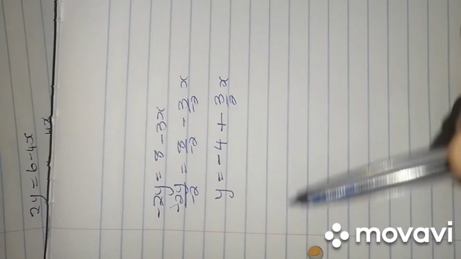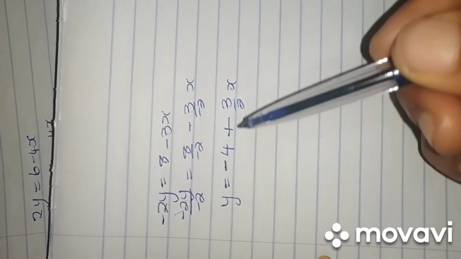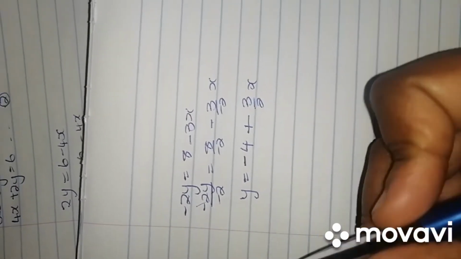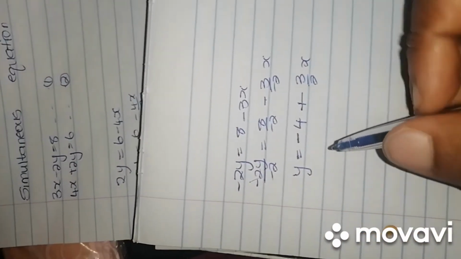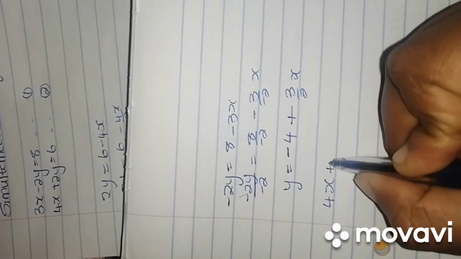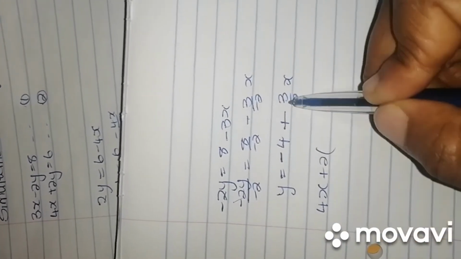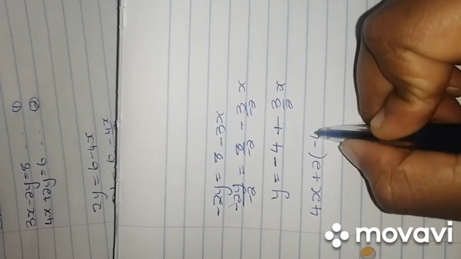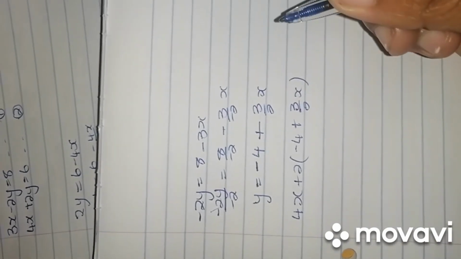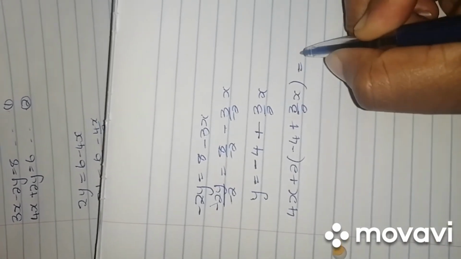Then we take the second equation. Everywhere we see y, we write this. So our second equation was 4x plus 2y is equal to 6, and where we see y, we write minus 4 plus 3 over 2 x.